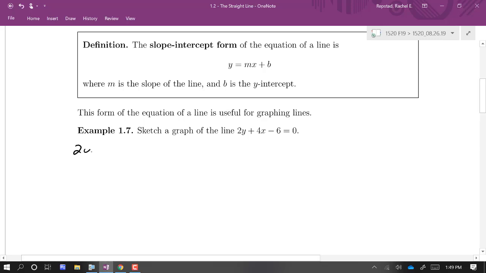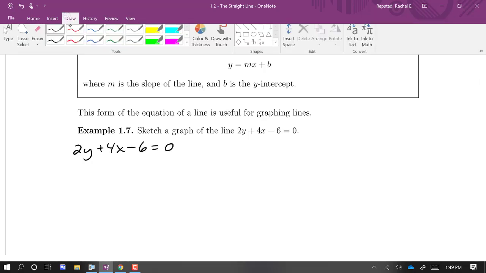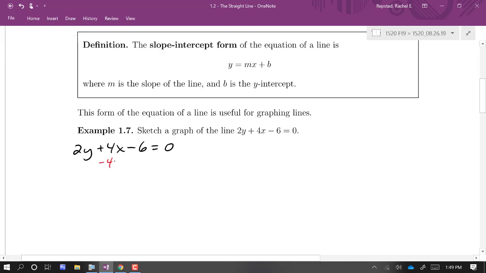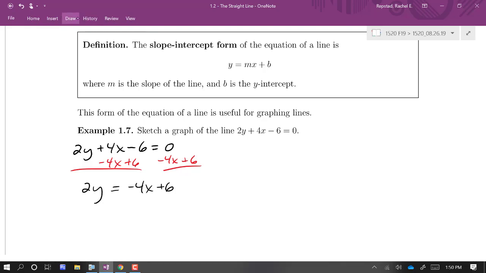So if I throw everything but the y's on the other side, and then divide by 2, we get negative 2x plus 3.